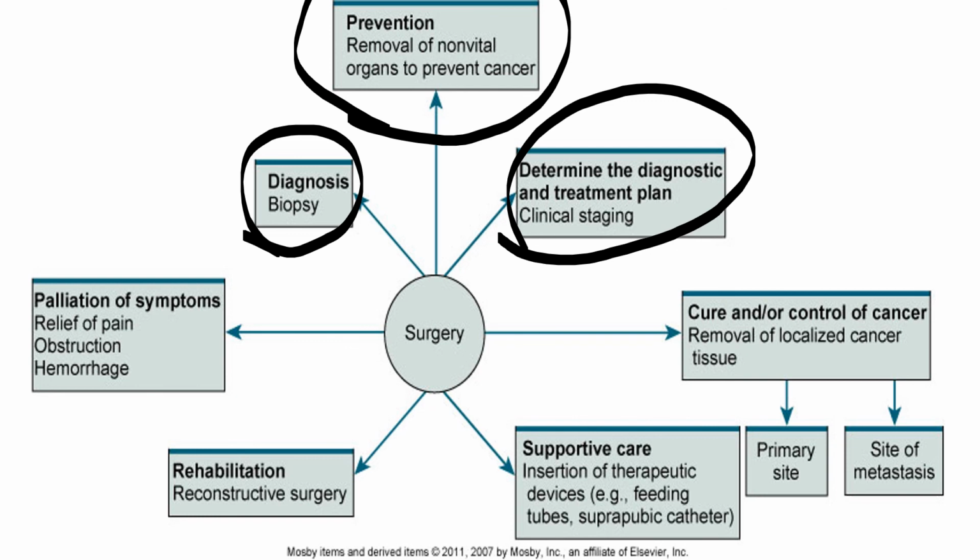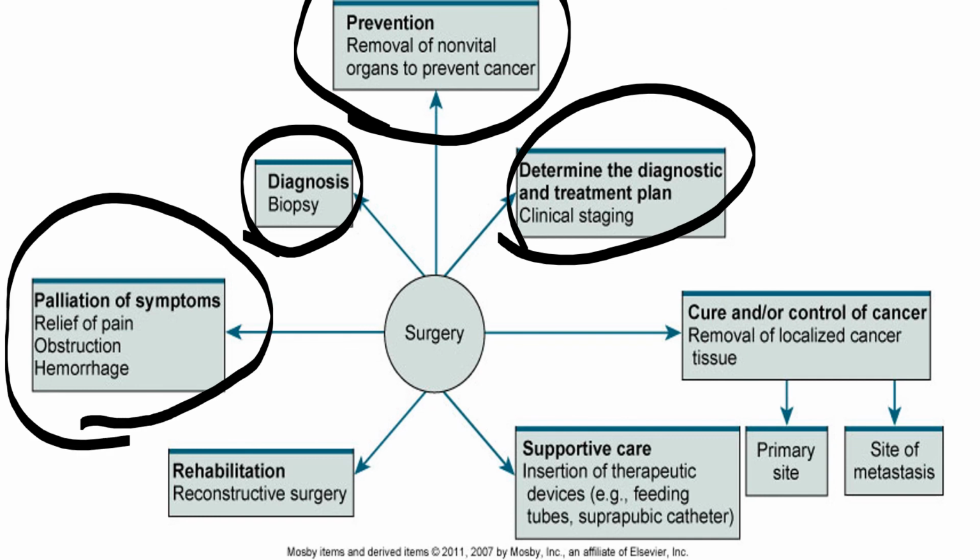Debulking is when the cancerous tumor cannot be completely removed, but it can be decreased in size. And then it can be used for palliation. Palliation just helps relieve symptoms associated with the cancer. For instance, if there's a bowel obstruction related to a cancerous tumor, then they could remove that bowel obstruction.